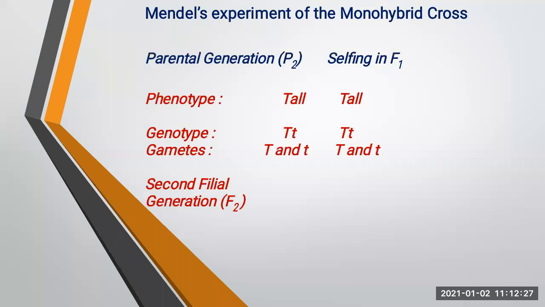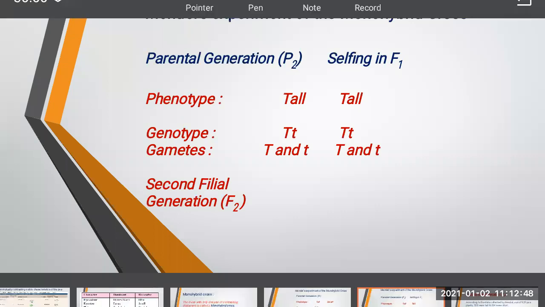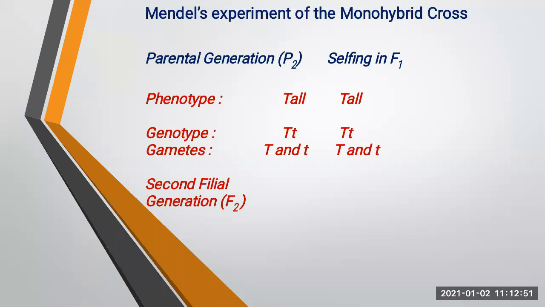And also we have seen that in the second filial generation, in the selfing of F1, both the tall plants have heterozygous characters, that is capital T, small t. So the gametes available were capital T and small t, and we have done the cross.